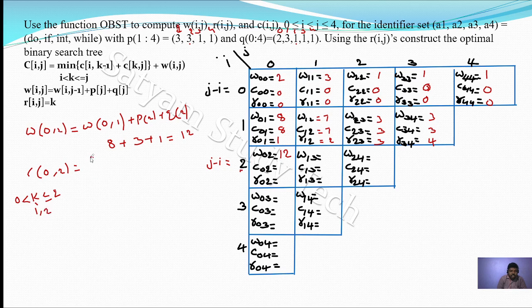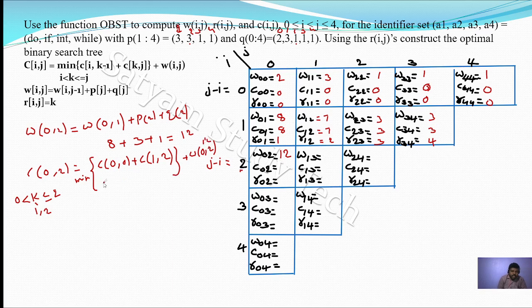First I consider the minimum, with k value 1, that is c of i, that is 0 comma k minus 1, 1 minus 1 that is 0, plus c of 1 comma kj, that is c of 1 2, plus w of ij, that is w of 0 2. You know already w of 0 2 value is 12.